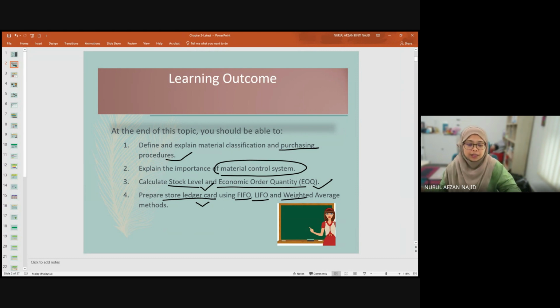Which one the company use. So basically untuk dalam industri, most common method yang digunakan adalah FIFO method. So nanti I will explain to you why the industry preferred using FIFO method instead of LIFO or the WAM method.